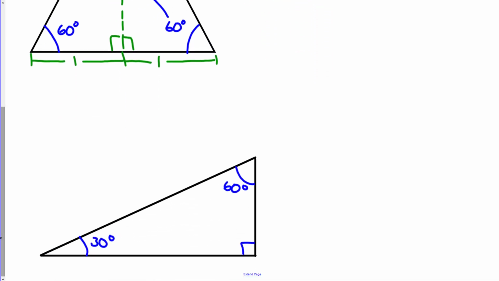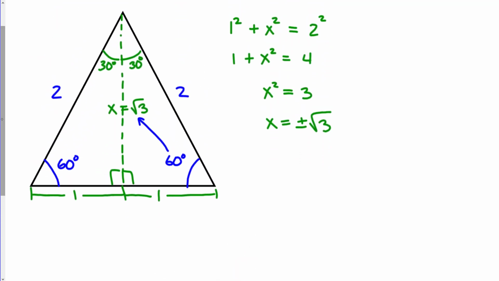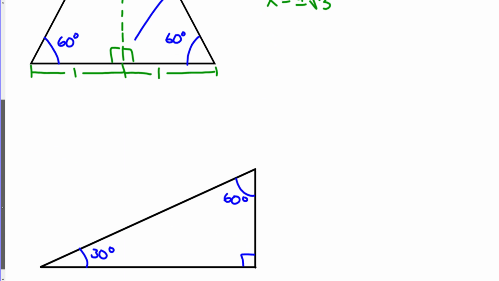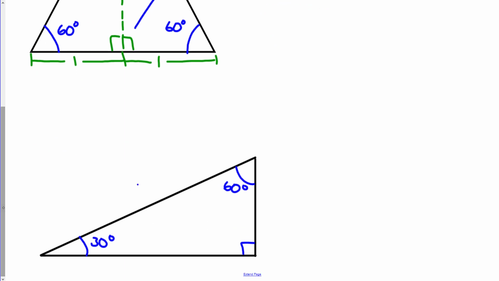I'll write this in as the square root of 3. And then the side opposite my 90-degree angle is length 2. So this length is 2.